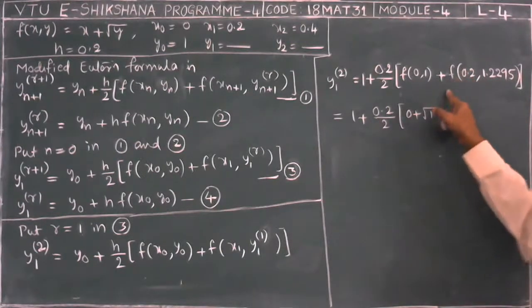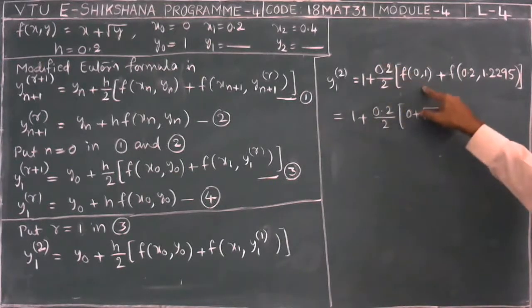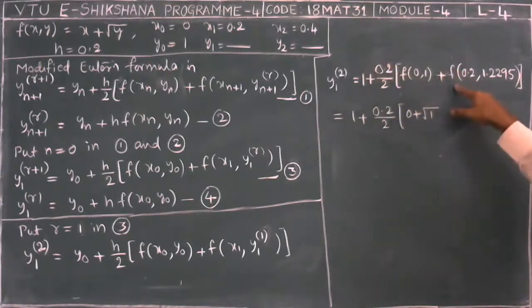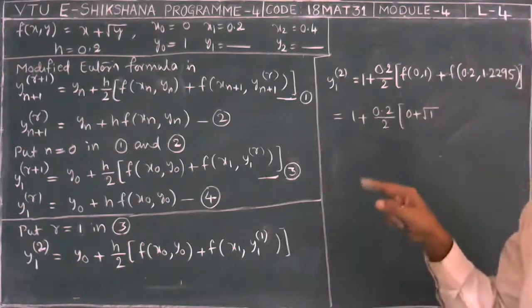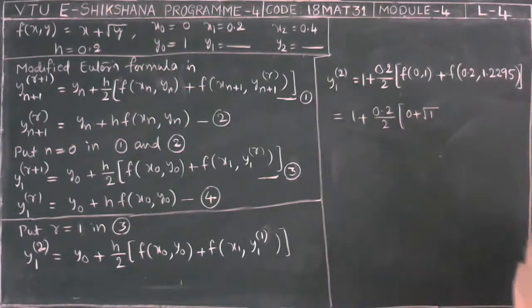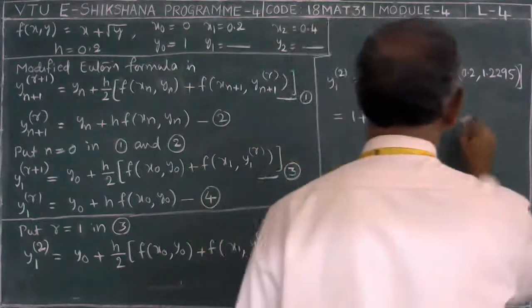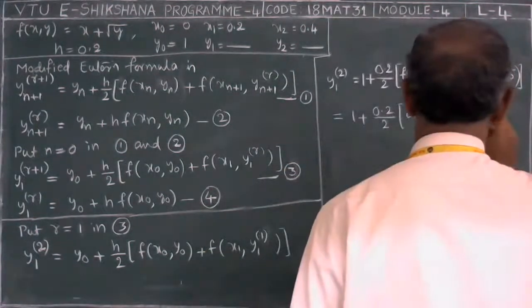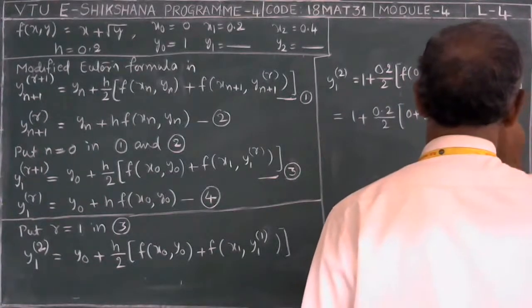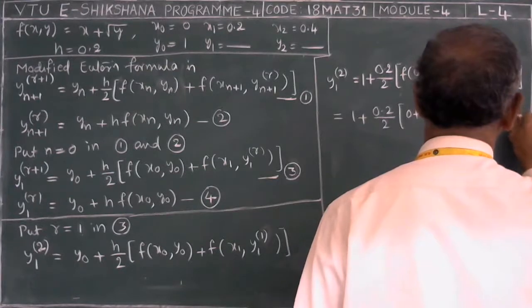Apply the definition to this now. y12 is 1 plus 0.2 by 2 into f of 0 comma 1 plus f of x1 0.2 comma y11, which we got as 1.2295, so 0.2 plus square root of 1.2295.